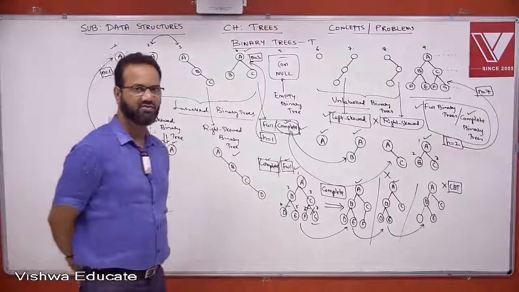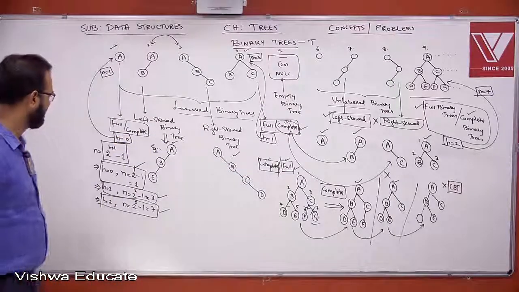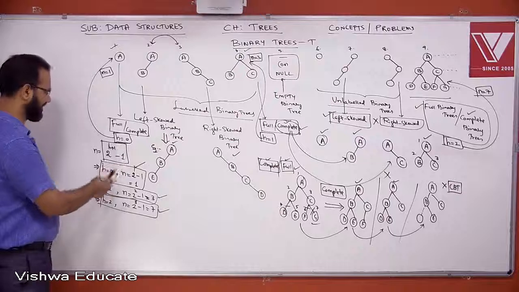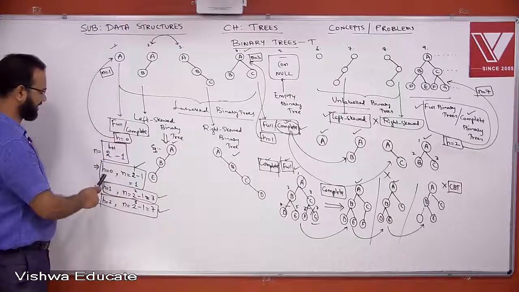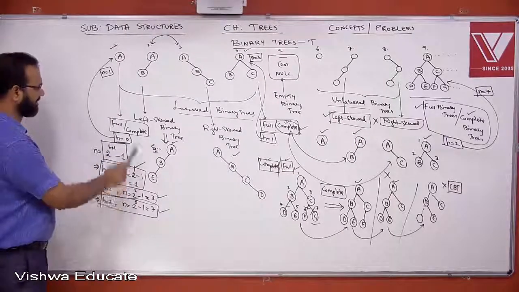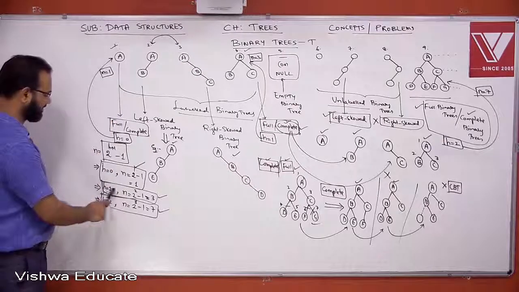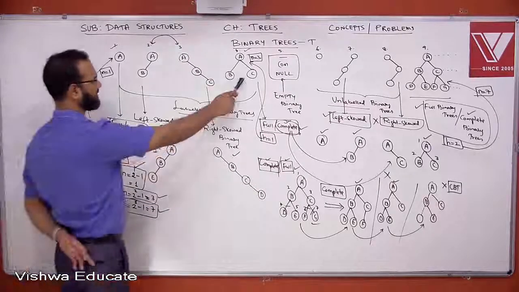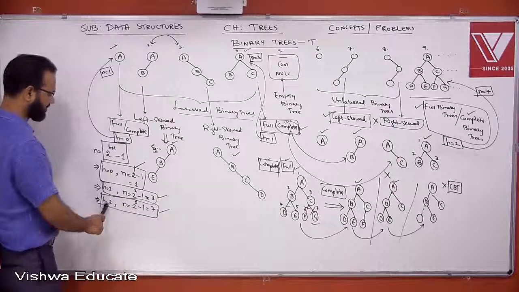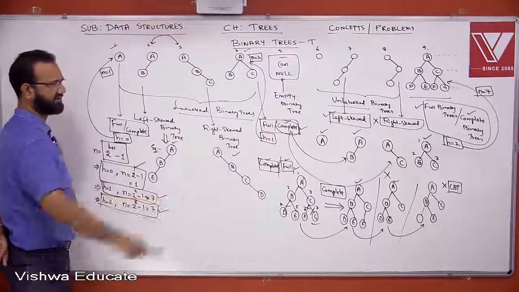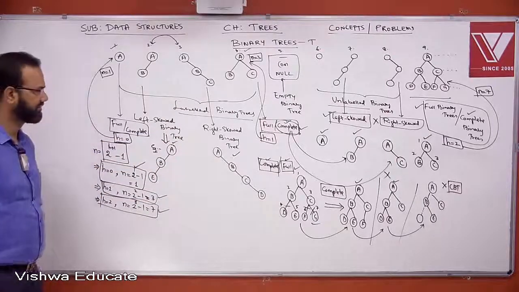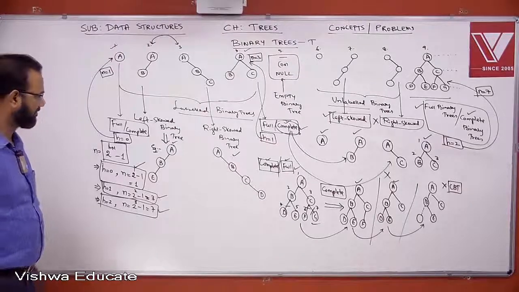Three examples you can take. Height 0, you will get 1 node. Height 1, number of nodes 3. Height 2, number of nodes 7. That is the last example. You can note down this definition.